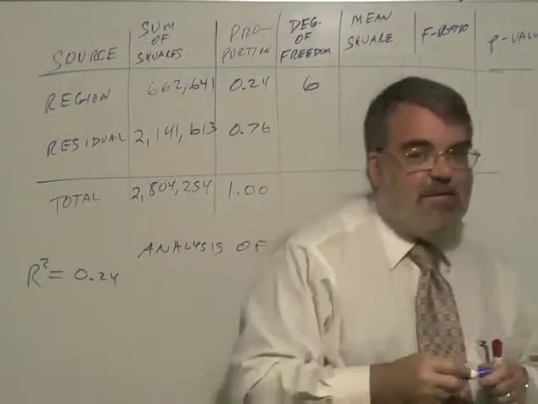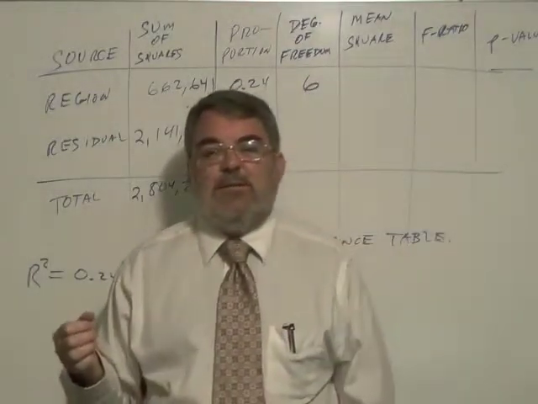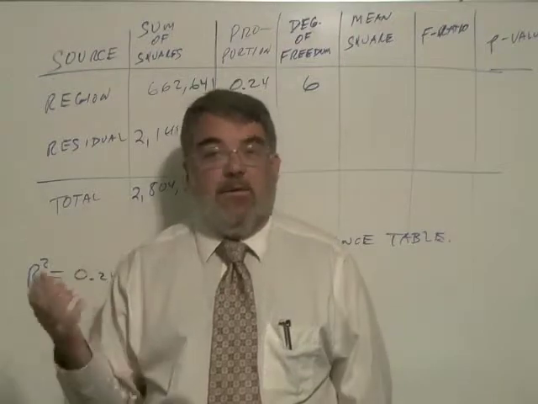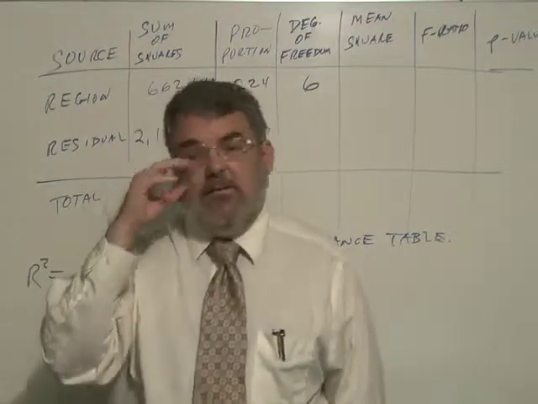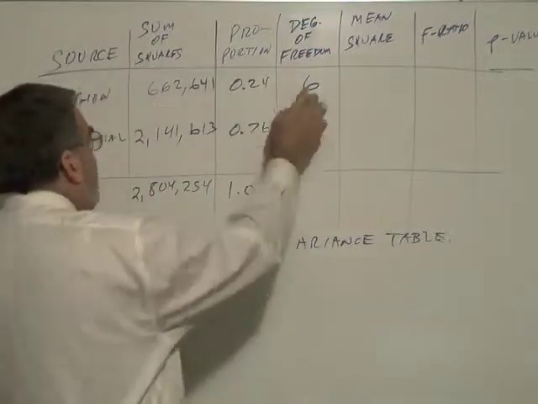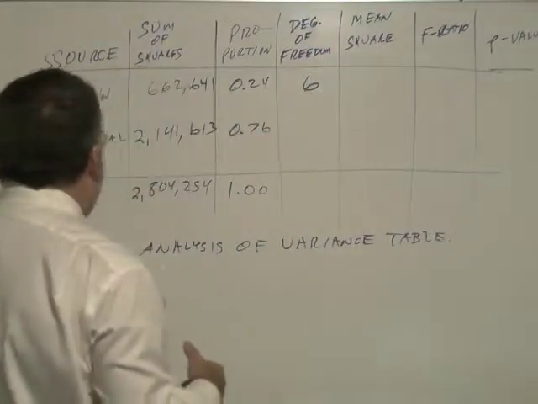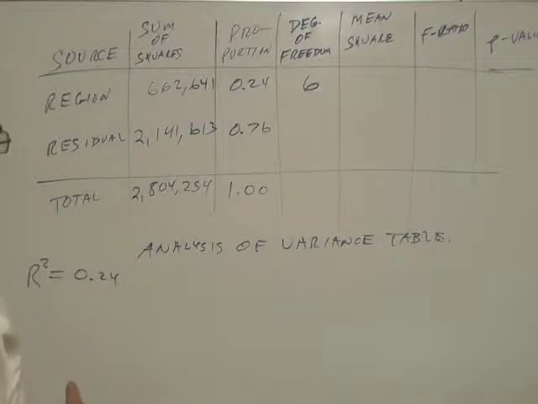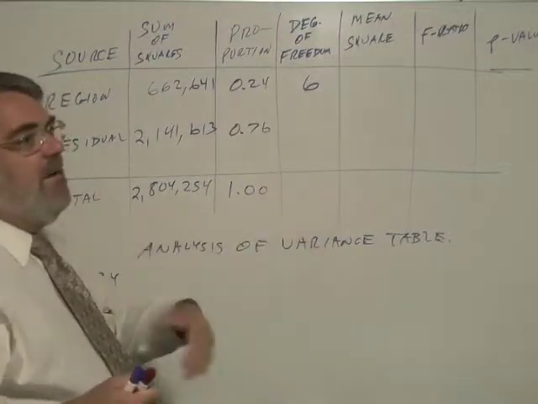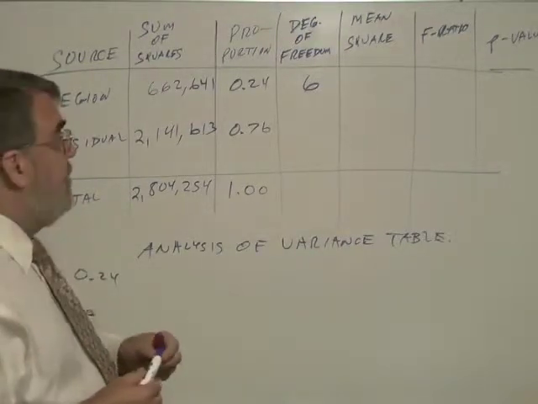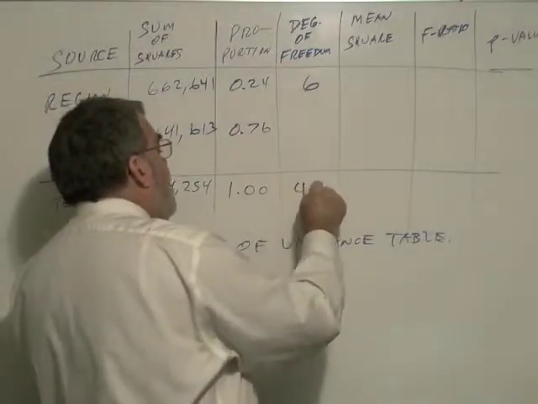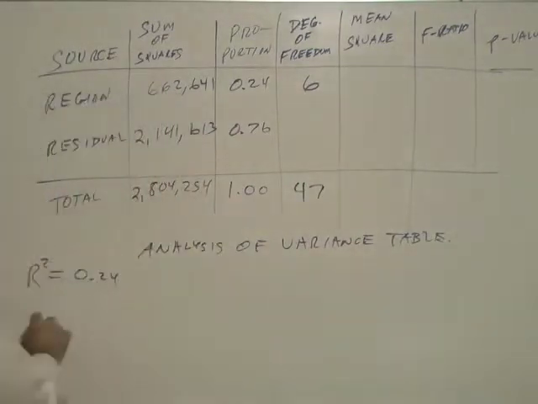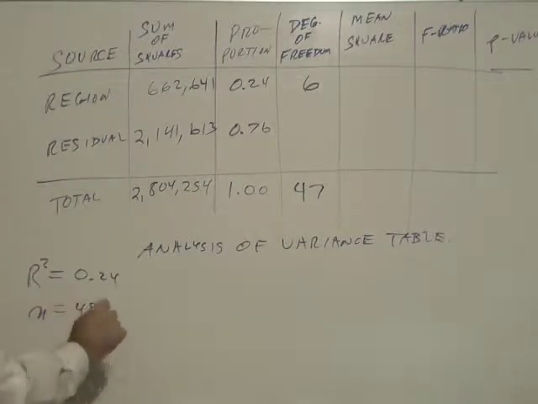All right, again, that's buried in the details of coming up with these tables and using them, mathematical theorems that decide all that. And so we're going to declare this to be 6. The total degrees of freedom is going to be sample size minus 1. So that should be 47. Because N was 48.